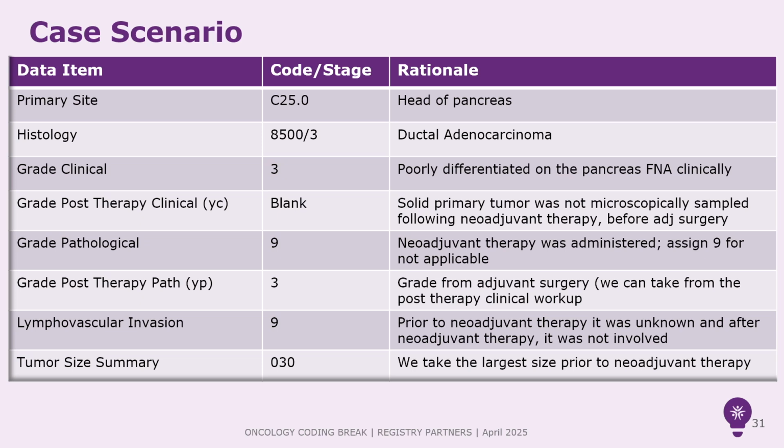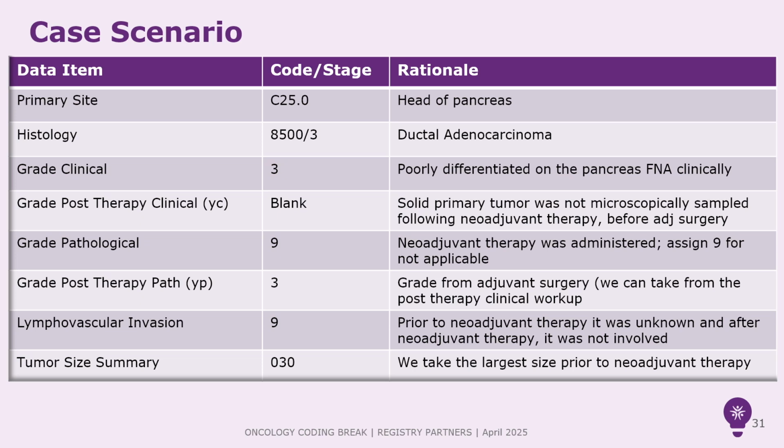Grade clinical will be a 3 based on the poorly differentiated grade from the FNA of the pancreas. Grade post-therapy clinical, YC, is blank. This comes from the solid primary tumor, but it was not microscopically sampled following neoadjuvant therapy and before adjuvant surgery.